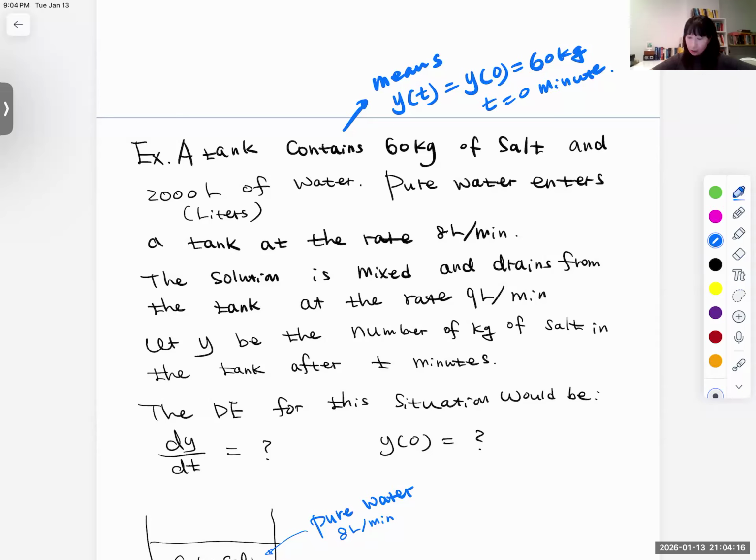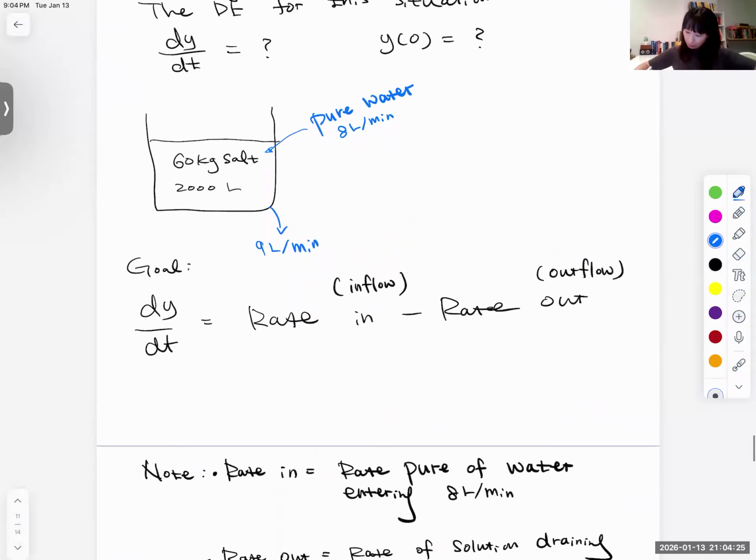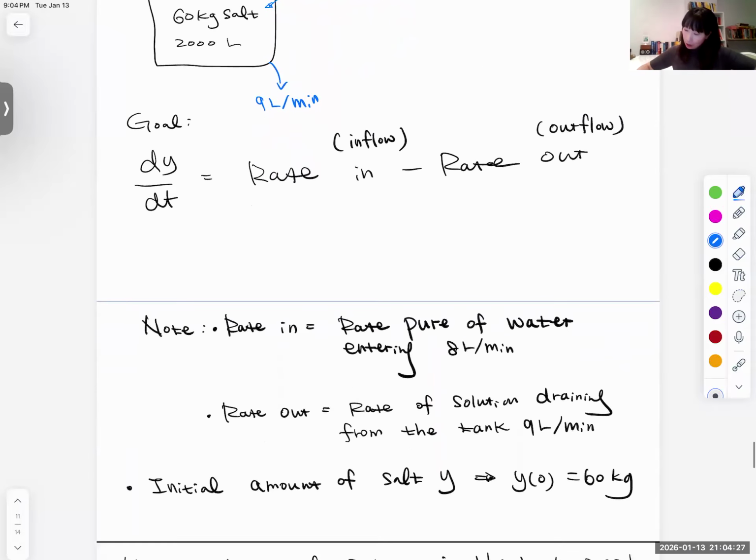Okay, so let's find out what is rate in and rate out. We have rate in, the rate of pure water entering, 8 liters per minute.